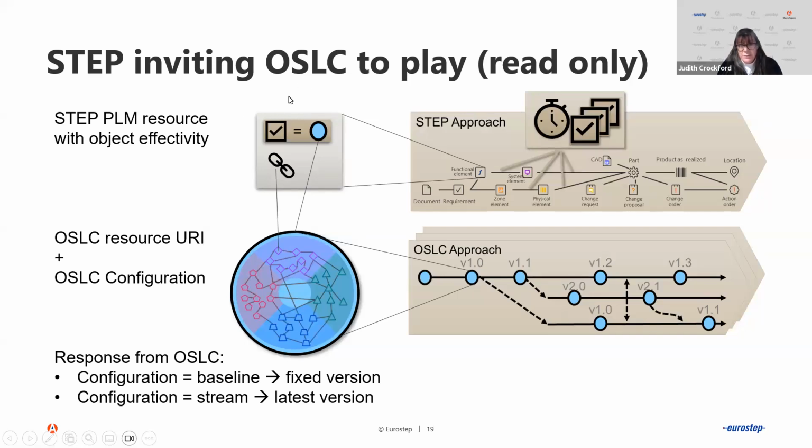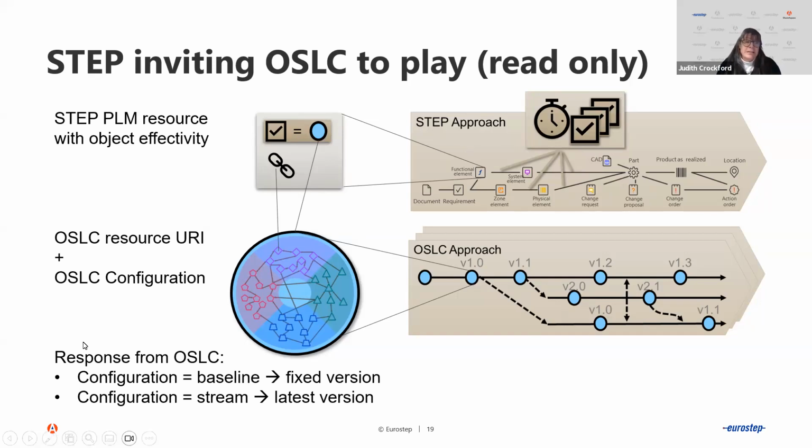I'm going to use this icon in several different places, so you'll see it coming along. So the first thing you do is decide what is the configuration. So you select the configuration from the OSLC side, which is this bit here, and then you select the resource and store the link to that resource. So those two bits together then appear in your STEP environment.